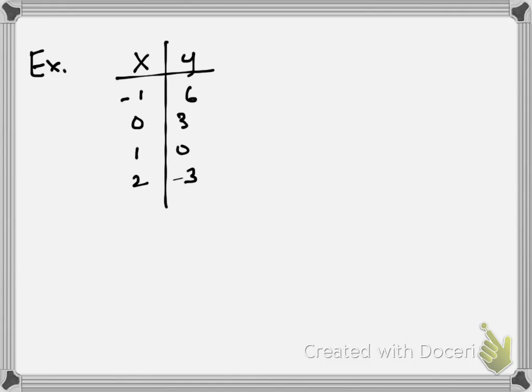What's the 0 of the function? 1, 0. Very good. 0 is equal to 1. And that seems contradictory, but what I mean is the 0 of the function is equal to 1. What am I really asking for? The x-intercept. So if I'm asking for the 0 of the function, I'm asking for the x-intercept.